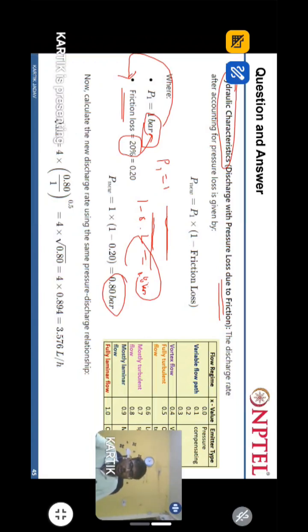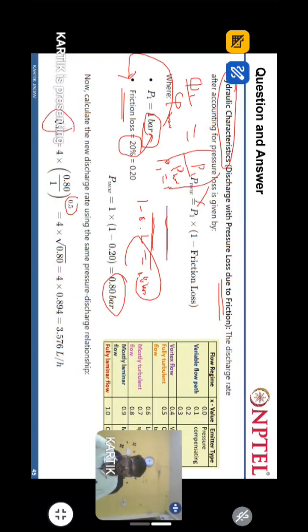Now calculate the new discharge rate using the same pressure equation that we have seen previously. Q1 divided by Q new is equal to P1 divided by P new, raised to x, and x is given as 0.5.